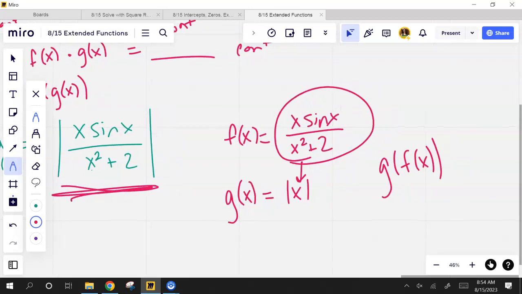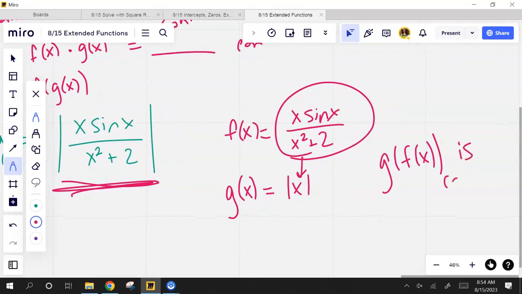I can say that g of f of x is continuous, even if I didn't know what the absolute value was doing to that function, because what's inside is continuous and that outside operation is continuous, then that's a continuous function.